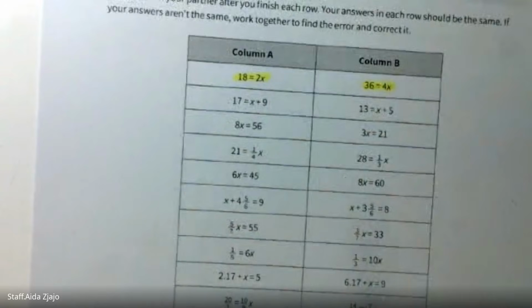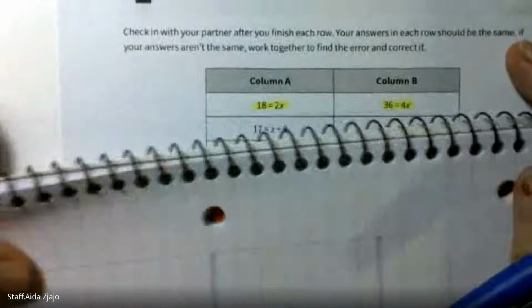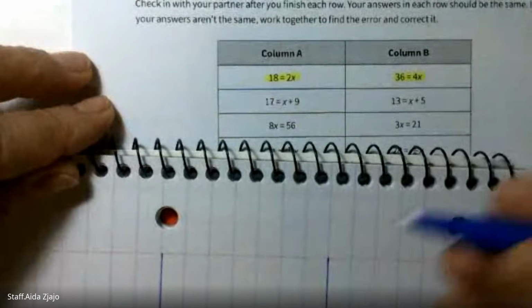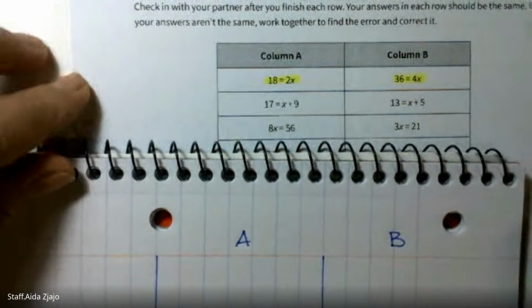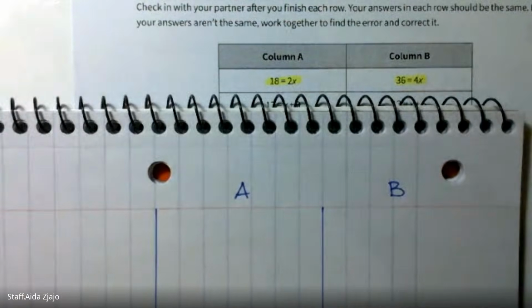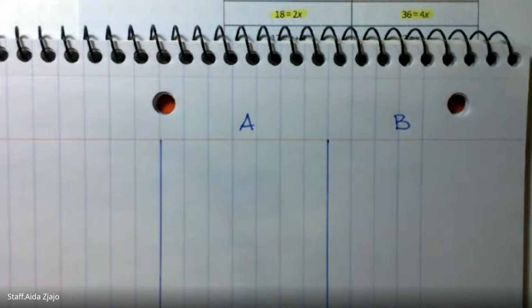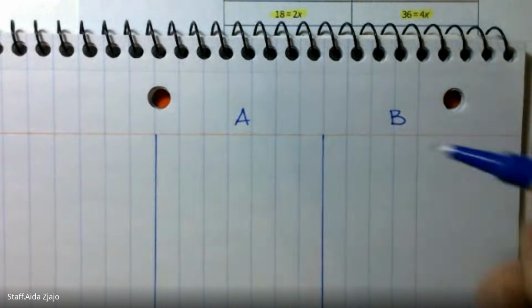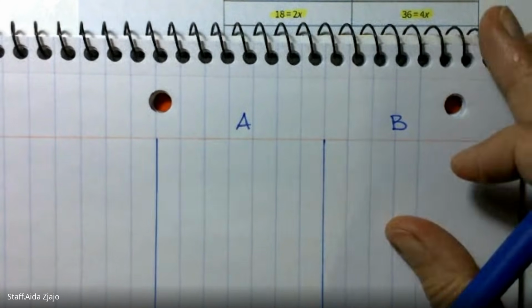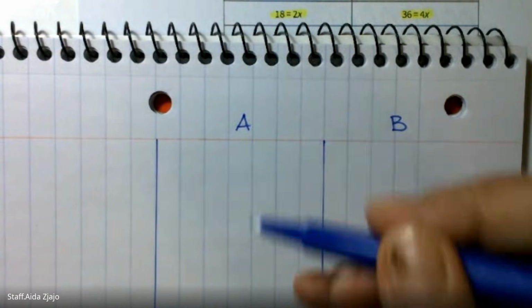I don't see lots of room here to work out, so I like if we can use a notebook, and then we'll focus on column A and column B. I like to turn my notebook a little bit on the longer side, to make precision, so every digit will stay in between these two lines.